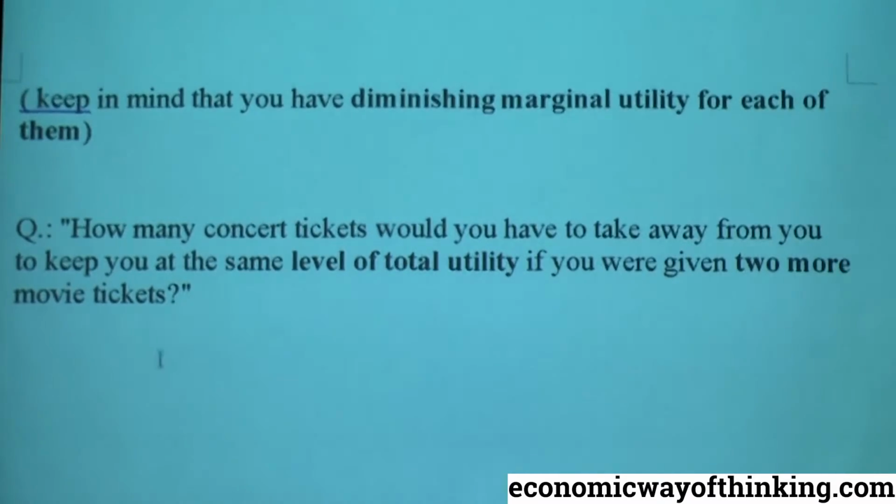So in order for us to understand your taste, we ask this question: how many concert tickets would we have to take away from you in order to keep you at the same level of utility if you are given 2 more movie tickets?